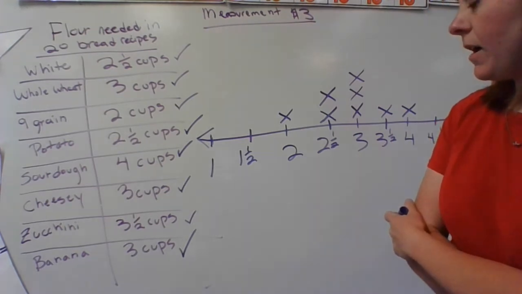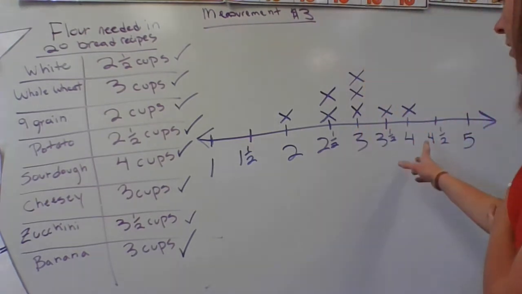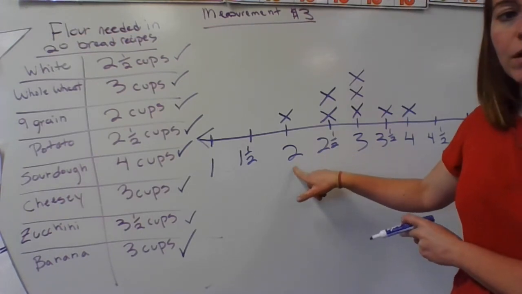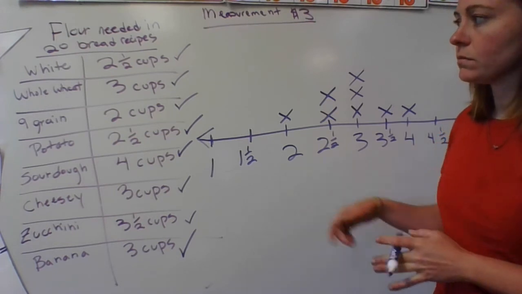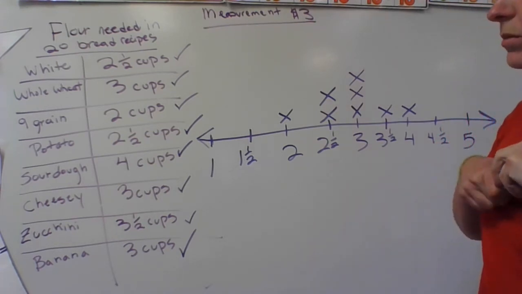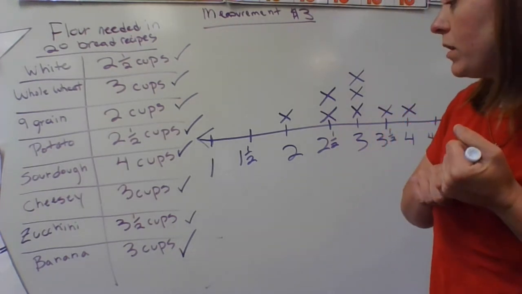Or I could say, what's the difference between the most amount of flour used and the least amount of flour used? When you do your word problems, don't forget to come up with the answer as well. We'll do one here real quick.